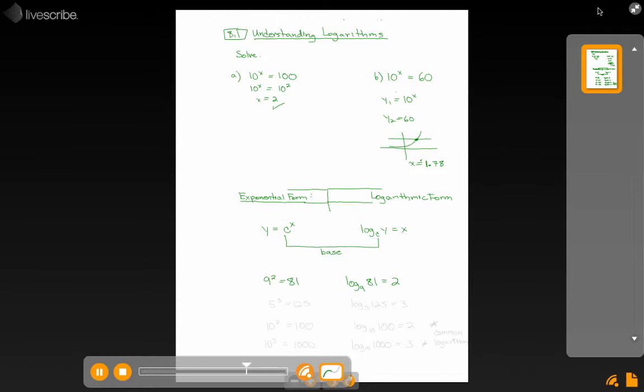To write another one of these, just for practice, 5 cubed equals 125, so log base 5 of 125 equals 3. 10 squared equals 100, log base 10 of 100 equals 2.